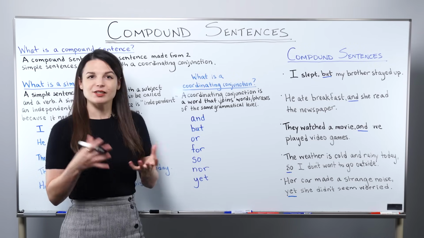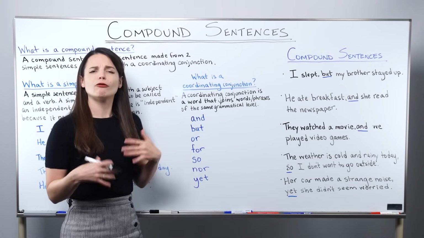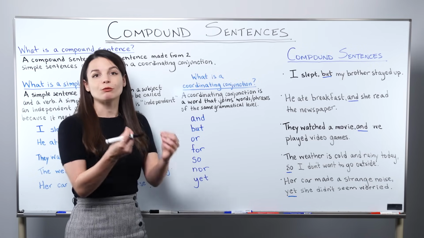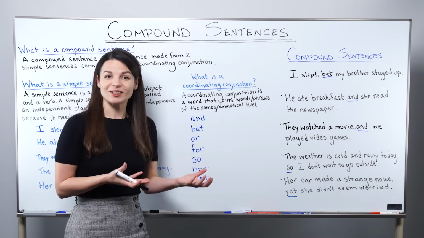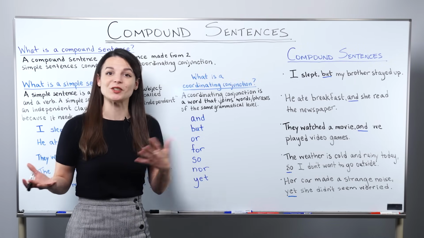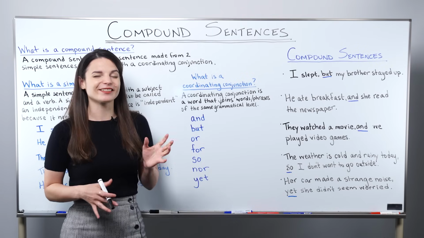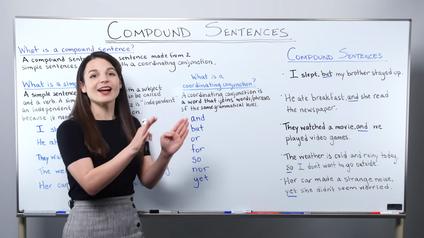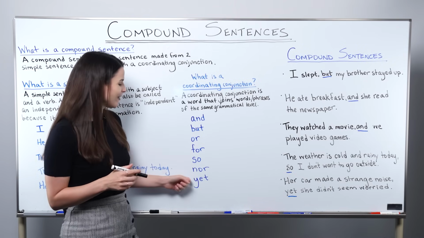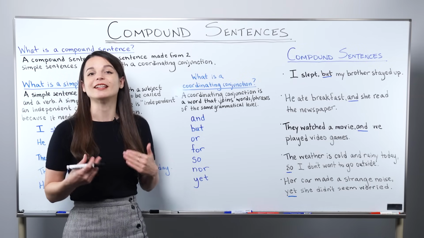Or expresses two sides to something, two options. For is kind of a formal way to express a reason for something. So expresses cause and effect. We use it to show cause and effect between two ideas. Nor is not so commonly used in everyday speech in American English today, but it means not that other option. And finally, yet. You can think of yet as something like however or even though.